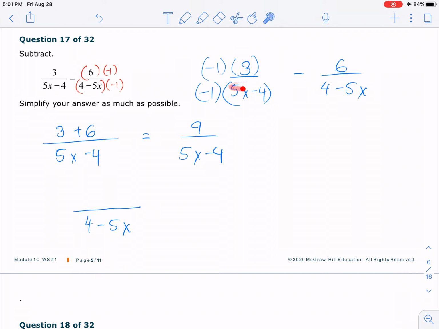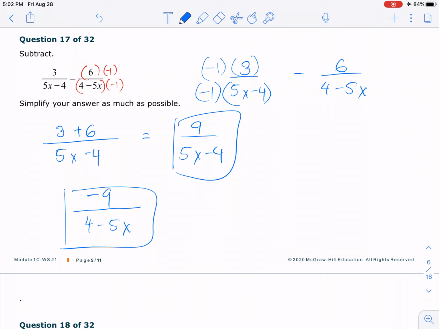So I choose this one to turn it into this one. That's why my LCD is 4 minus 5x. And then the top, I have -9 instead. These two are identical. So either way is good.